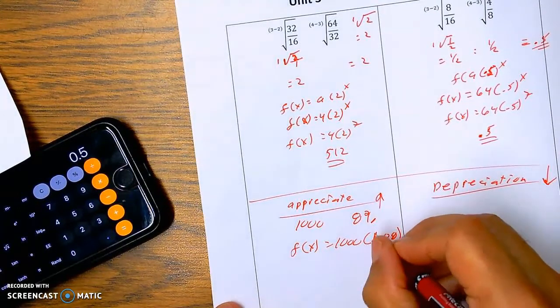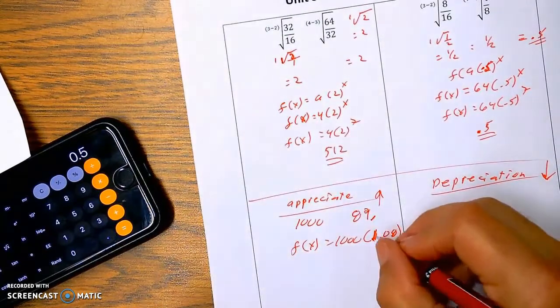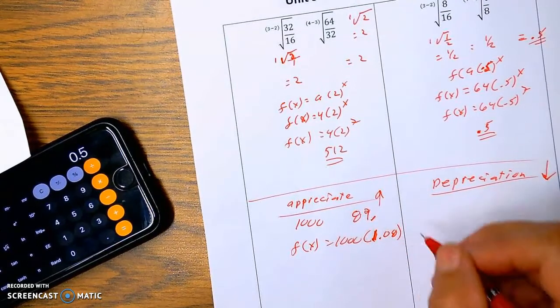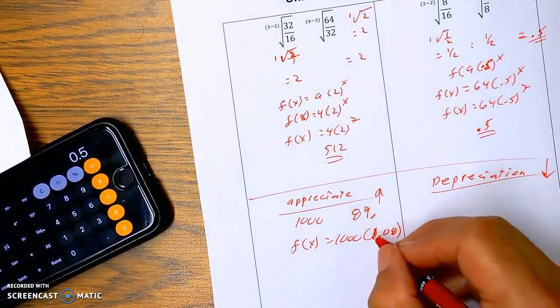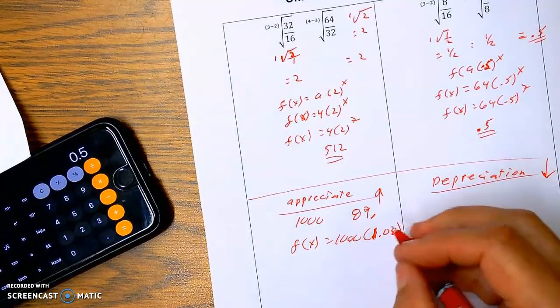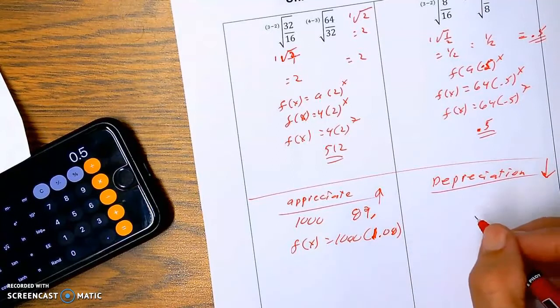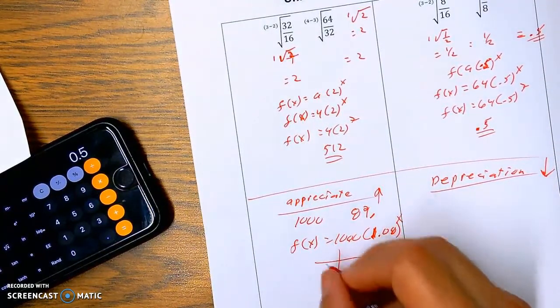You don't want 0.8, you want that value to go up. So it's going to be 1.08, not just 0.08. It's really, 1,000 cannot decrease, it has to increase. 1,000 times 1 is 1,000, and then you're going to add that additional 0.08. So we're plugging that in, and then whatever you put in for your x value, you're going to be able to find your answers.